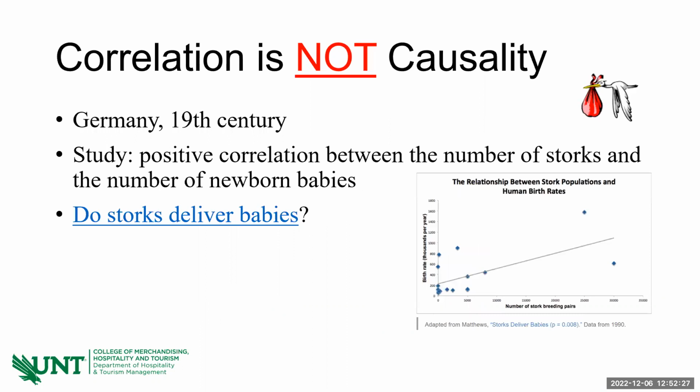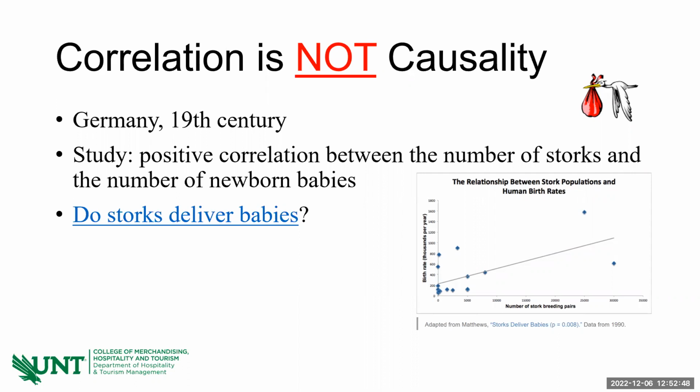To further explain why I say that correlation is not causality, we look at a study conducted in the 19th century. It looks into a myth that storks deliver babies.